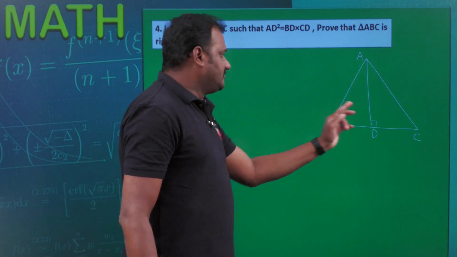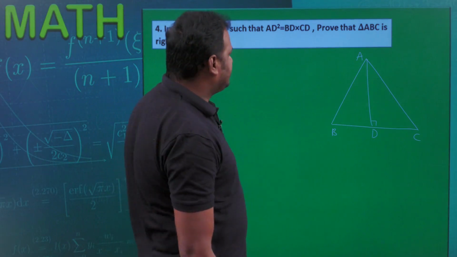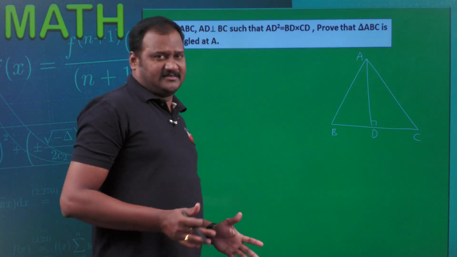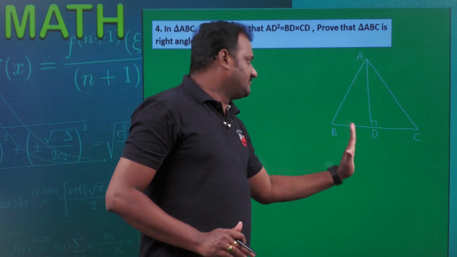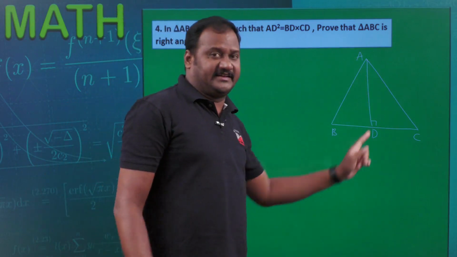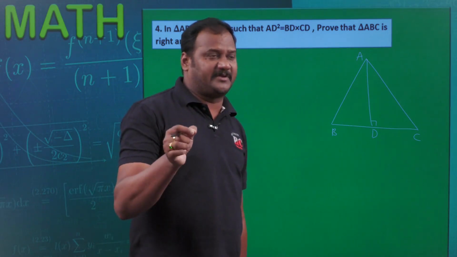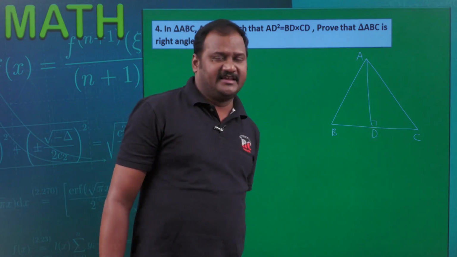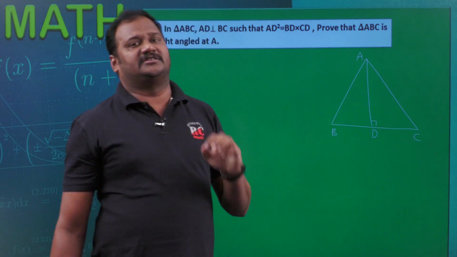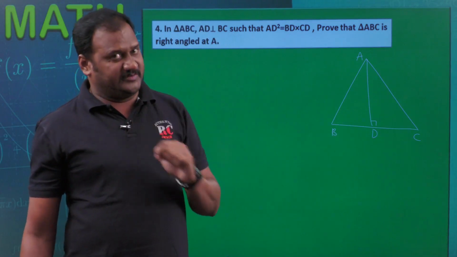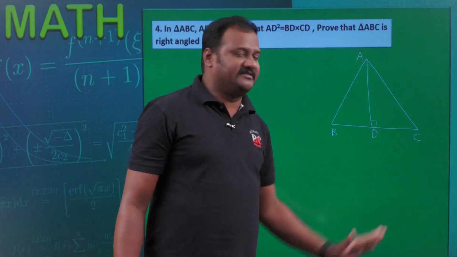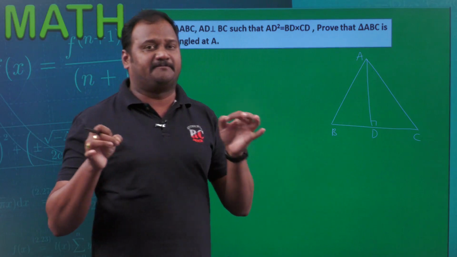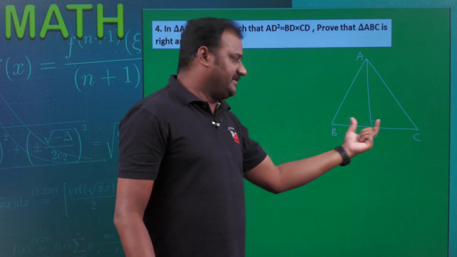In general, irrespective of this problem, in any triangle, if AD square is equal to BD into DC, then AD is said to be the mean proportional between BD and DC. This is one of the parts of our Pythagoras theorem. Please remember, this is one of the important properties.